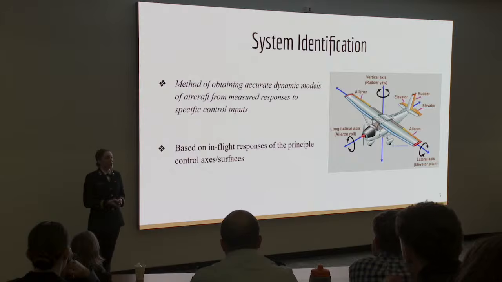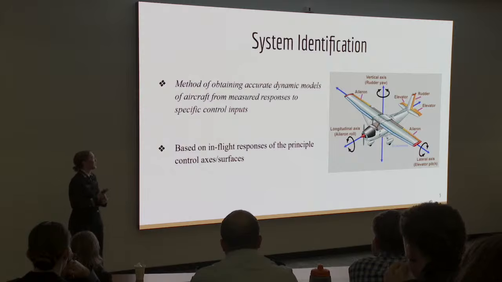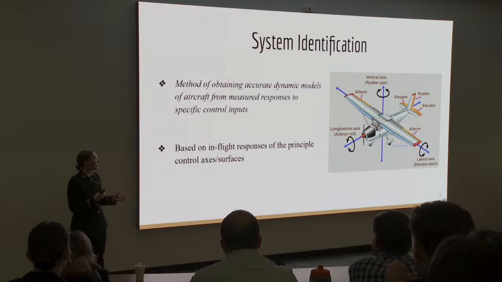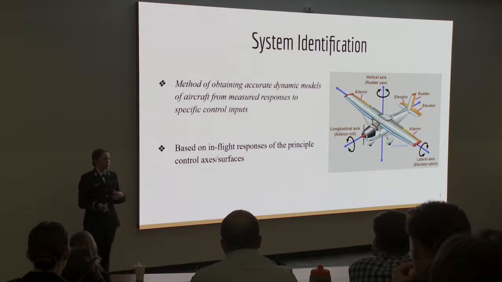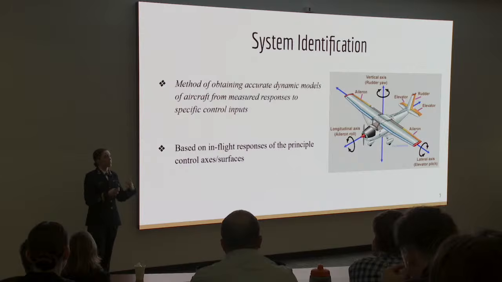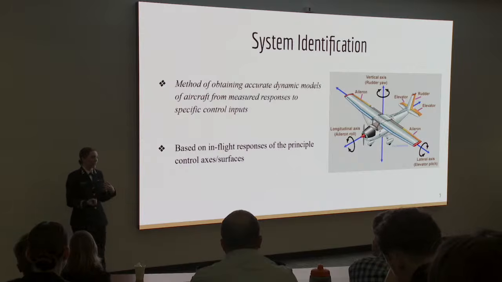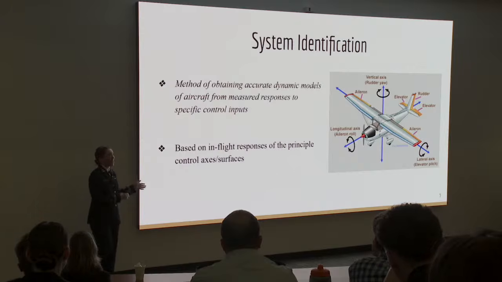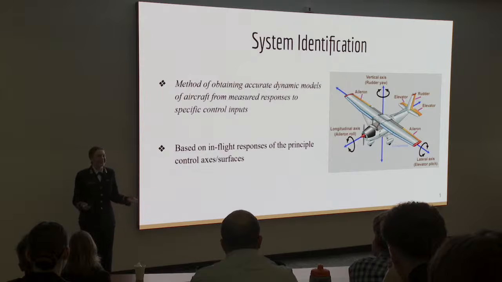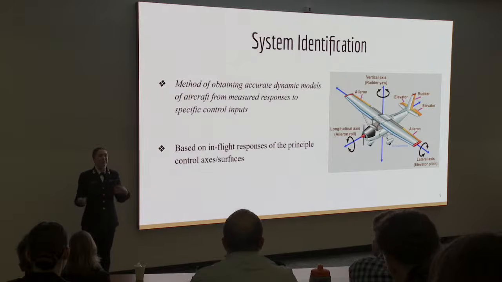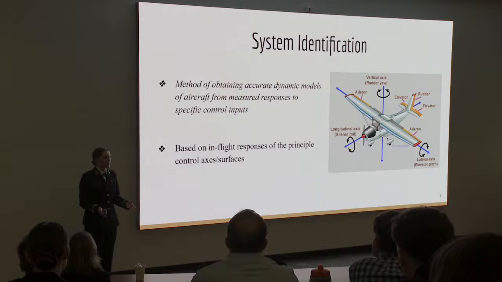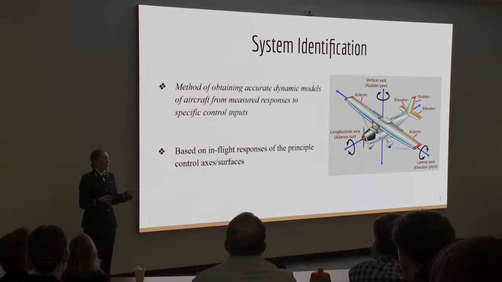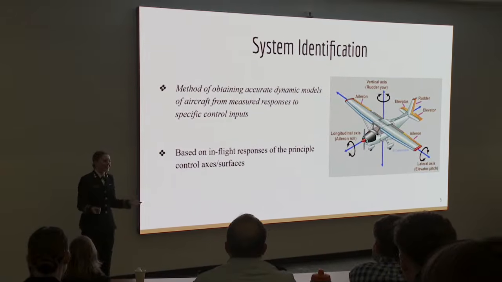Now, the foundation of this project is system identification. That's a method of obtaining accurate dynamic models of aircraft from the measured responses to specific control inputs, so it models the aircraft's in-flight responses to control variations. That's a lot of technical words right there. What does this really mean? Well, I'm sure most, if not all of you, have been in an airplane before, and you've probably looked out the window and wondered, how in the world is this thing flying?